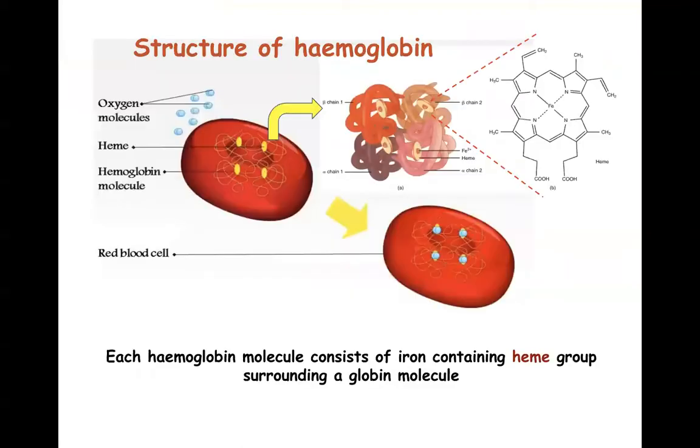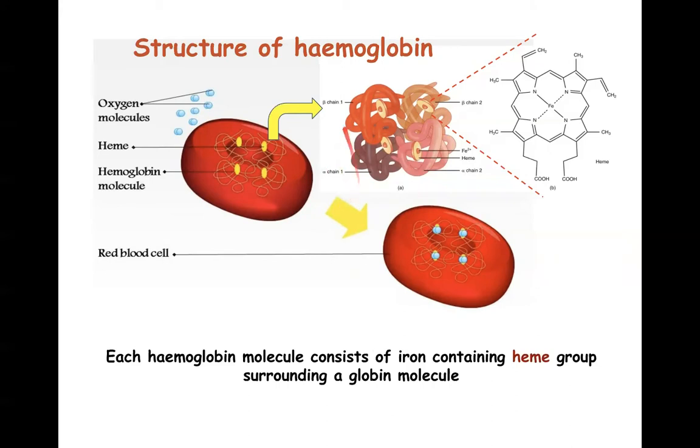Now, the hemoglobin of the RBCs is basically made up of iron, which has bonded with various other elements and formed a heme group, and along with this, protein-based globin molecules. The globin molecules are in the form of two chains, alpha chains and beta chains.